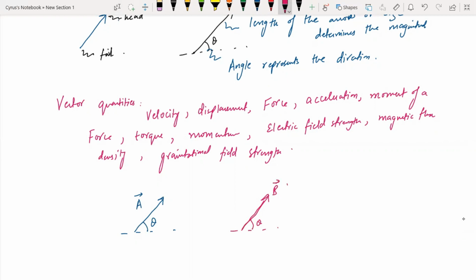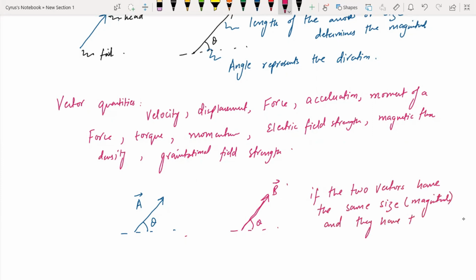If the two vectors have the same size, which is the magnitude, and the same direction, remember that they are equal.